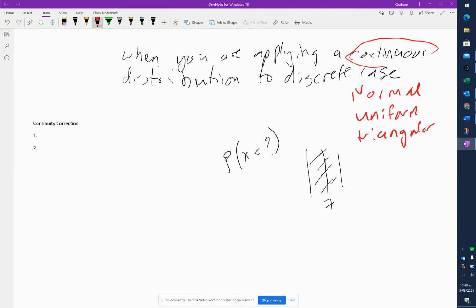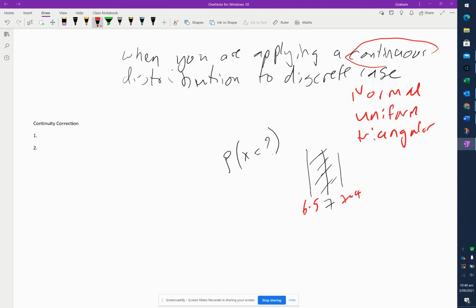So the rounding up to 7 is easy. The smallest number that I could have that would round up to 7 is 6.5. The other side of that is slightly harder, because the largest number that I could round down to 7 is 7.4 by our normal rule, but actually that's not true, isn't it?